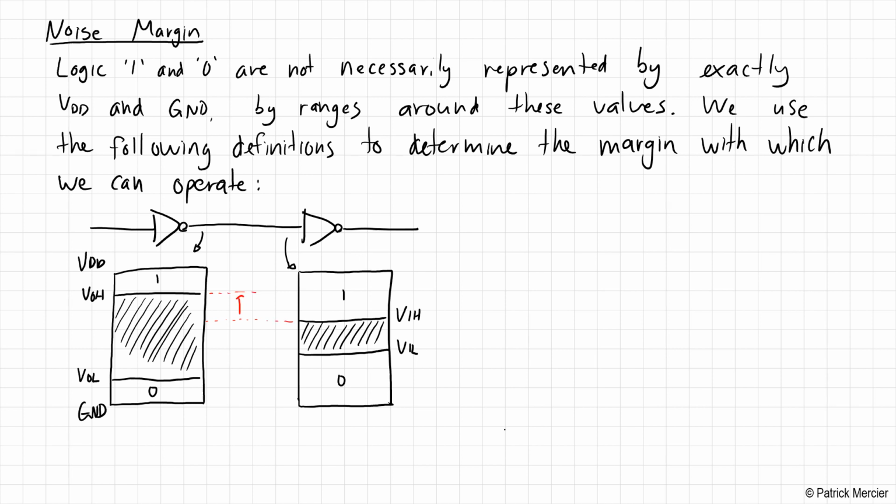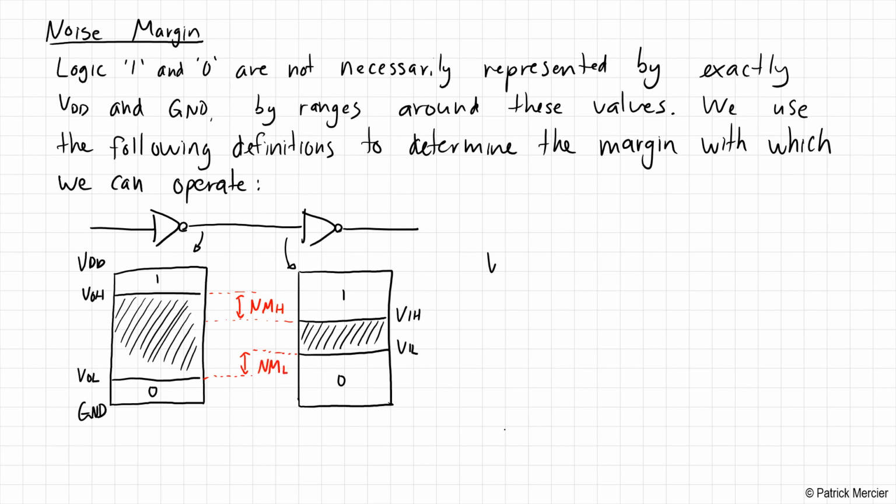As long as our output signal is higher than VOH, then we can with good certainty ensure that it's larger than VIH, with some noise margin on the high end here. And likewise we have some noise margin on the low end over here, the noise margin low.